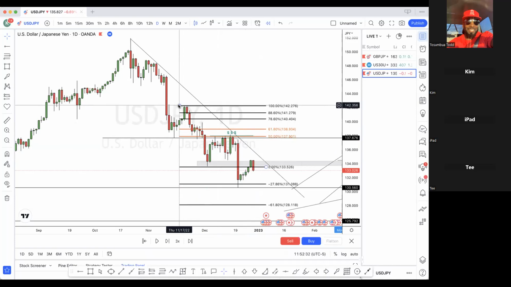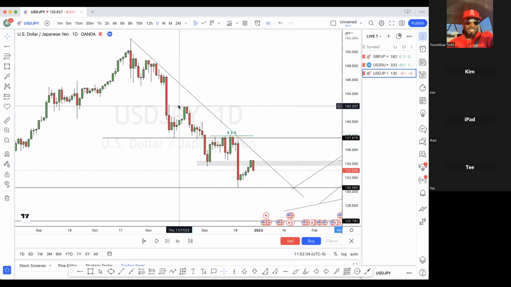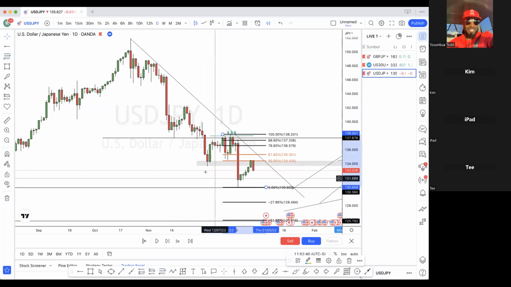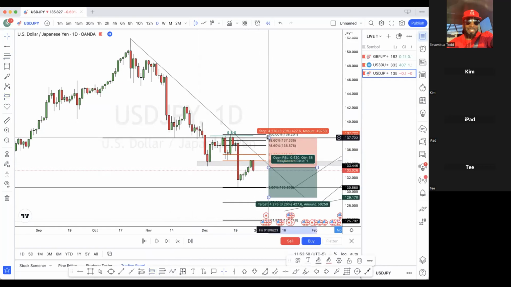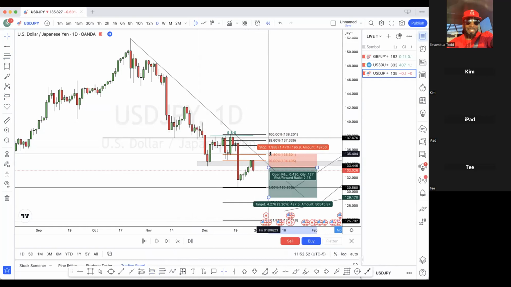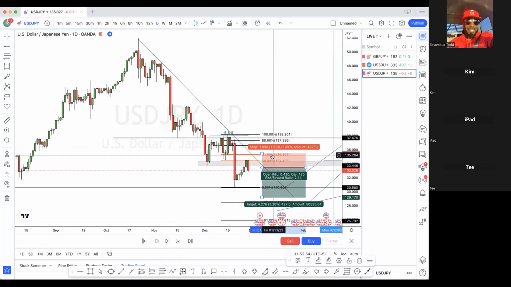So now that trade is played out, I'm removing, and here's the next trade. So we have from here to here, it has pulled back to the 50%. If you want to trade, that's 199 pips.